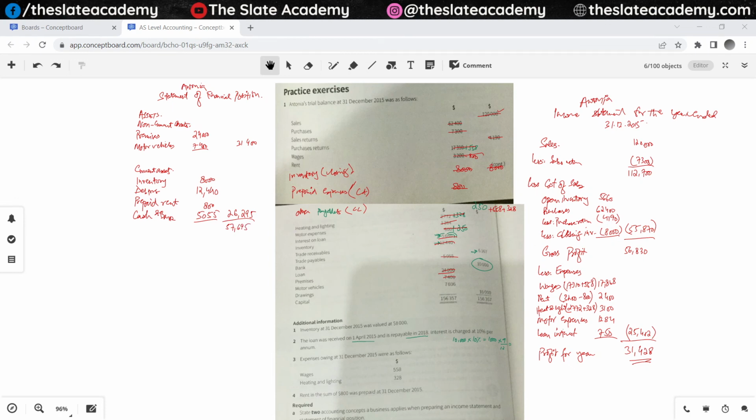This would be total assets. And then I have capital and liabilities. Okay ji, for capital and liabilities, the first thing would be opening capital. Opening capital is 16,000.